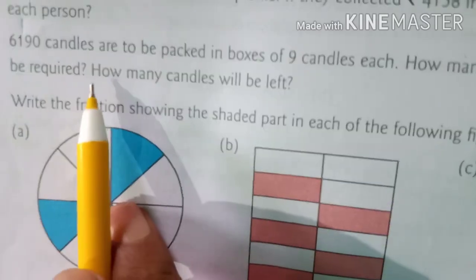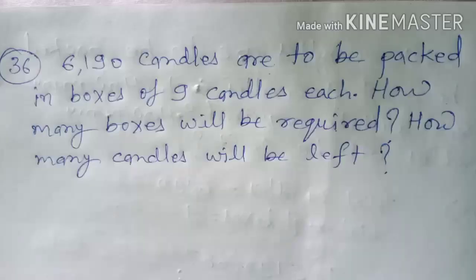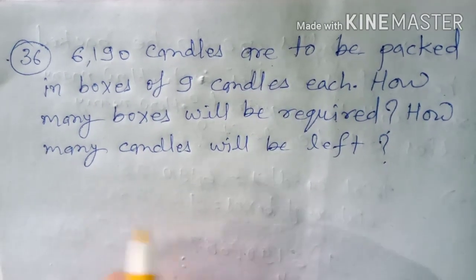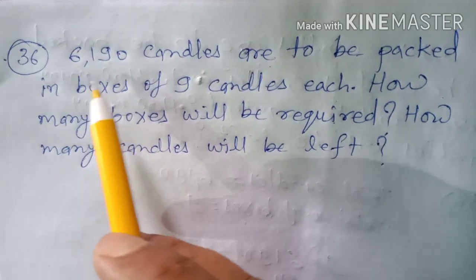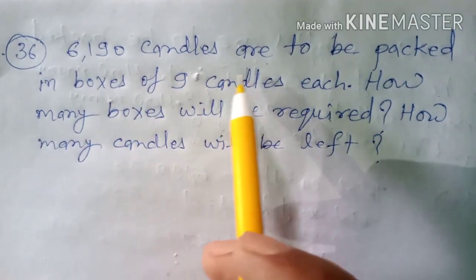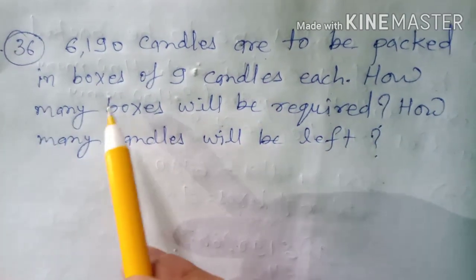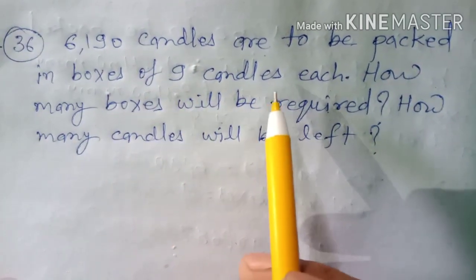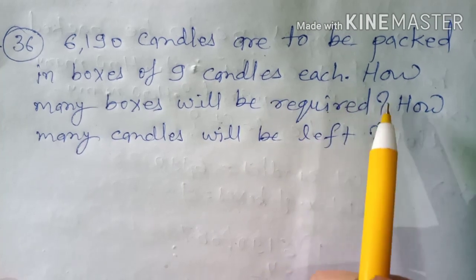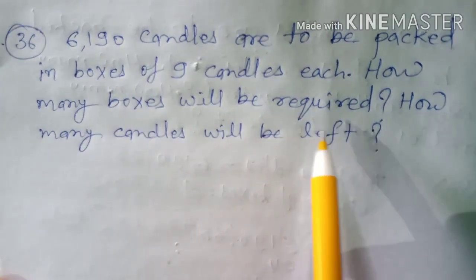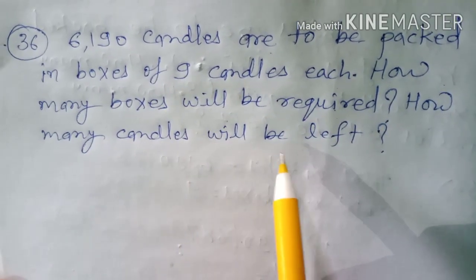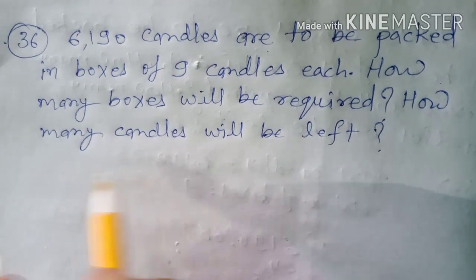So let's solve this question. See students, this is question number 36. 6,190 candles are to be packed in boxes of 9 candles each. How many boxes will be required? How many candles will be left? So let's solve this question.